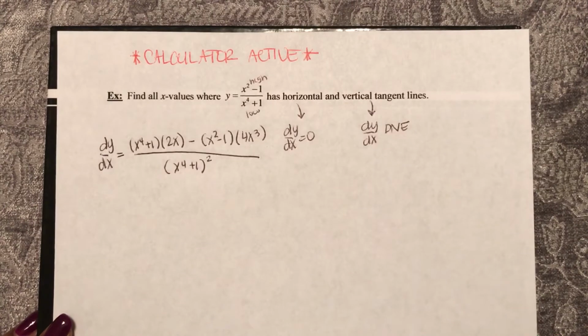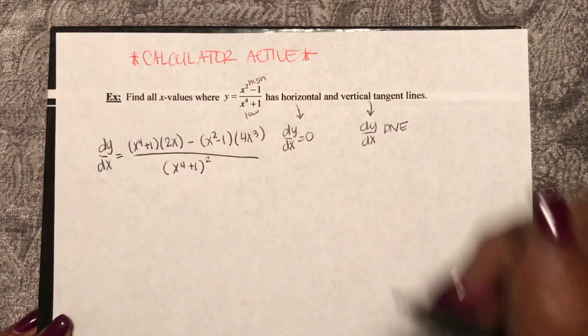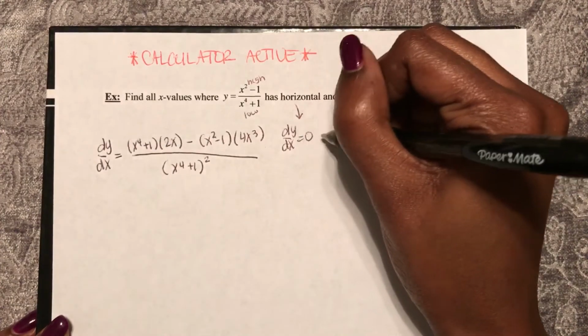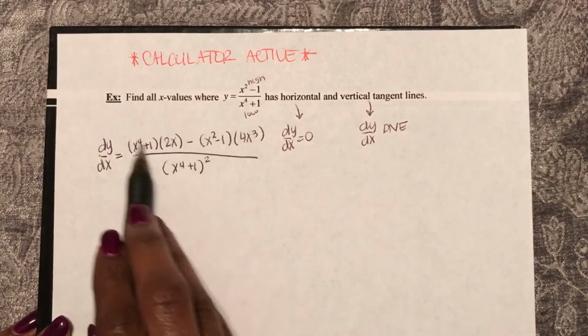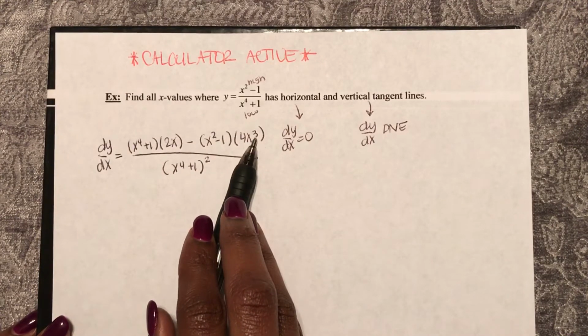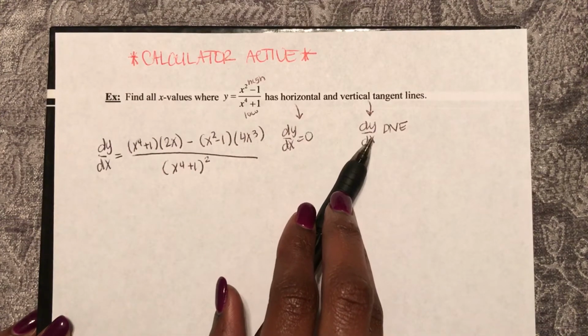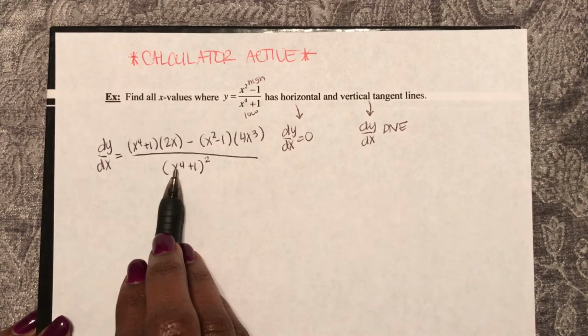and away we go. So dy/dx will equal 0 whenever your numerator is equal to 0, and it will not exist whenever your denominator equals 0.